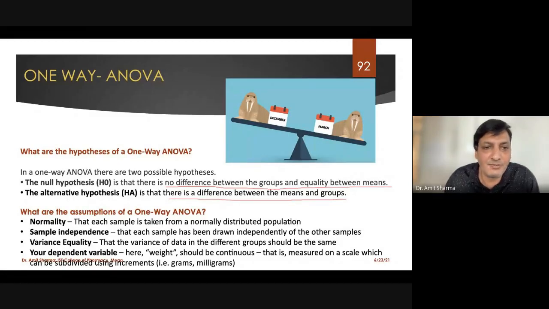For example, we have three different groups like A, B, and C. Null hypothesis says that A is equal to B, B is equal to C. Alternative hypothesis says it is possible that A and B are similar, but B and C are not similar. Actually, alternative hypothesis says that all are not similar, but there is a chance that you can find that two groups are similar, but there is a difference in the third group.